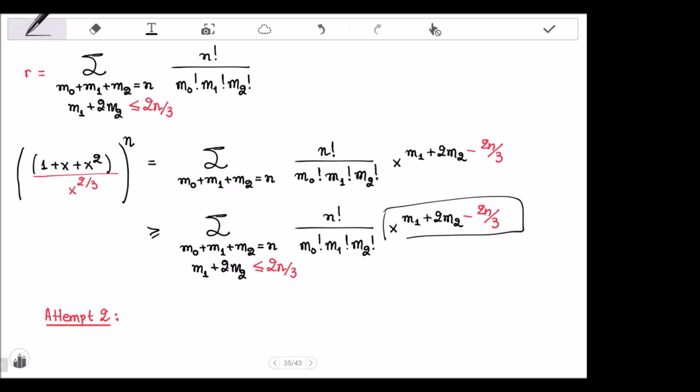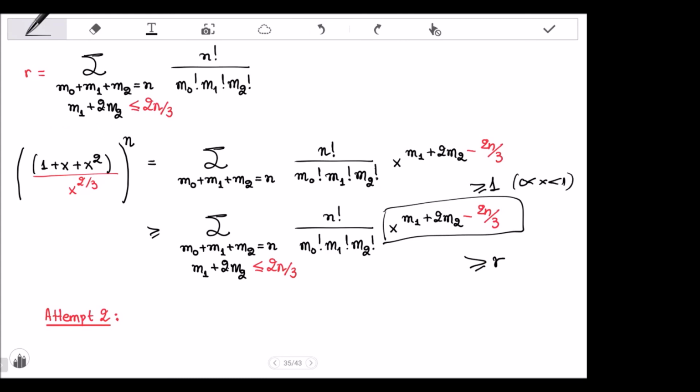For x between 0 and 1, this is a very negative exponent, so this is at least 1. And therefore, this is at least R, no matter what x I use. So R is always at most this quantity here.